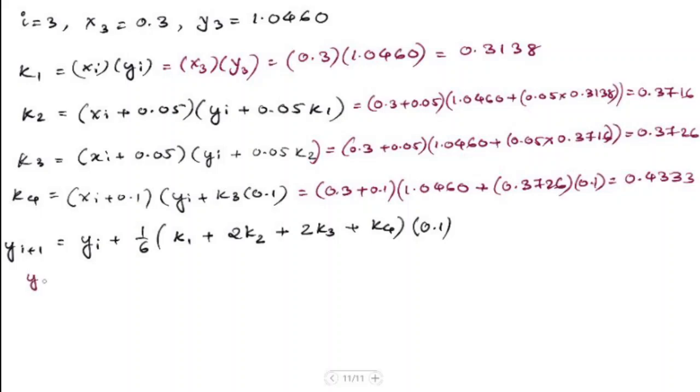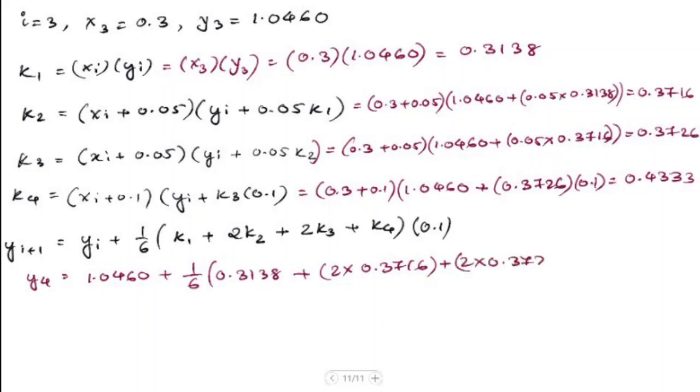Now calculating y4, we have y3 which is 1.0460 plus 1 over 6 times k1, 0.3138, plus 2 times 0.3716, plus 2 times 0.3726, plus 0.4333, and that gives us y4 approximately equal to 1.0833.